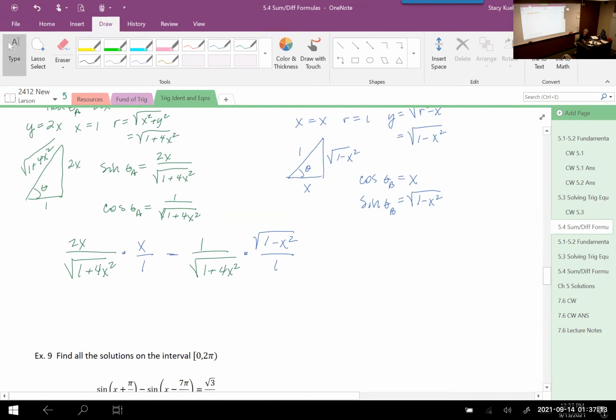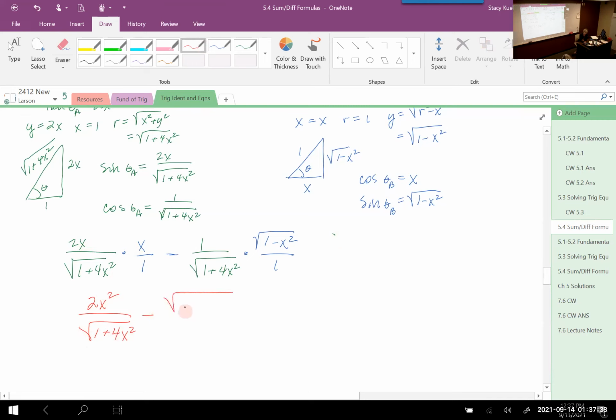Okay, let's simplify from here because we're technically not done. Remember, we multiply numerators to numerators. And so I would have 2x squared all over the square root of 1 plus 4x squared, minus the square root of 1 minus x squared over that same denominator, the square root of 1 plus 4x squared.